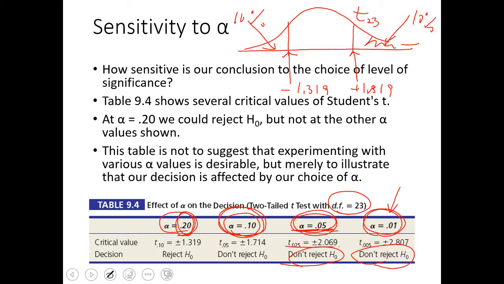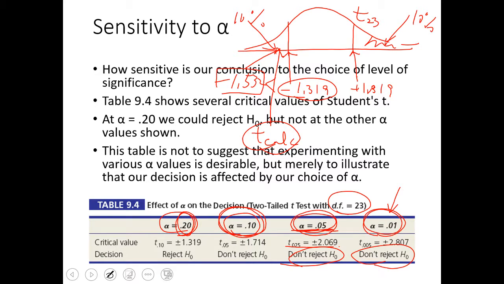Our t-calc test statistic is located here, minus 1.534, which is less than this number.